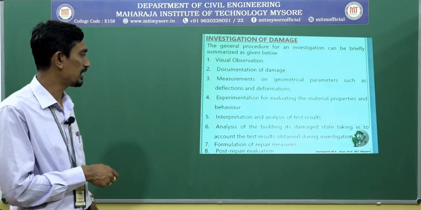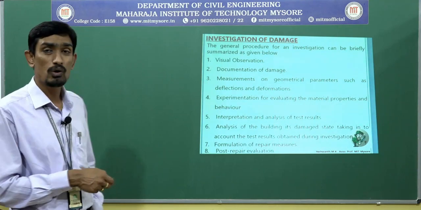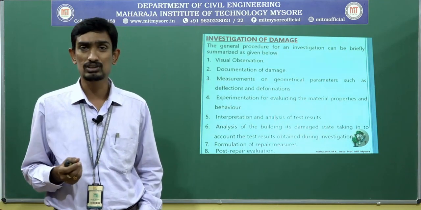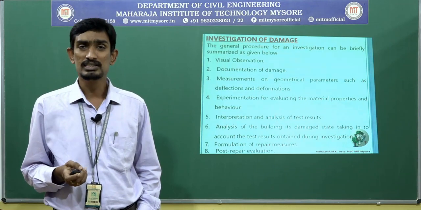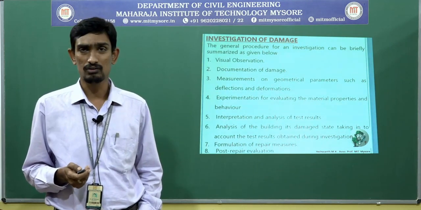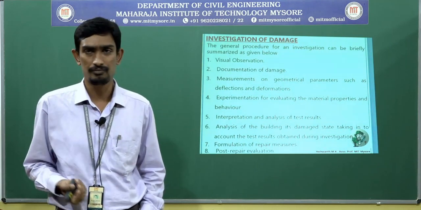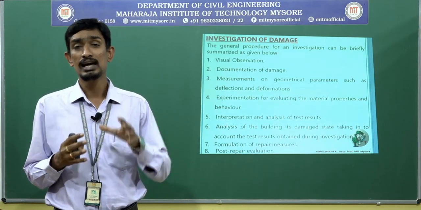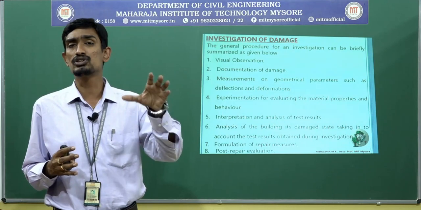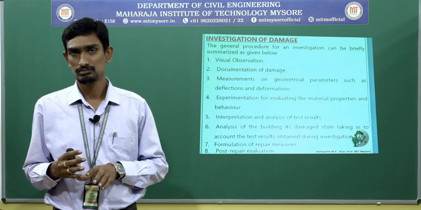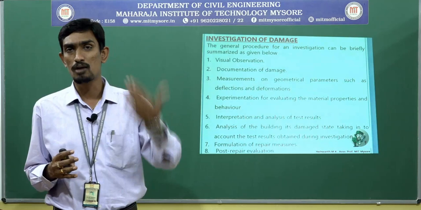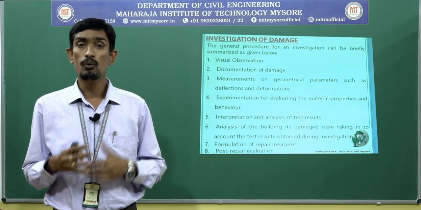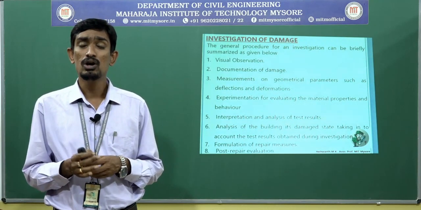For this experimentation, we are going to do three assessments: destructive, semi-destructive, and non-destructive. We are going to discuss that in the next session. These three assessment techniques are for the existing reinforced concrete structure or structural components. Why? Because we need to go ahead.